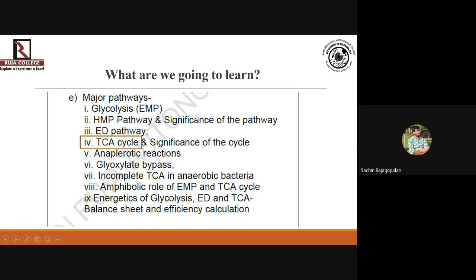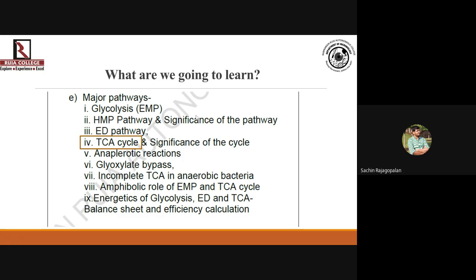So, the TCA cycle is a very, very crucial process because a lot of NADH and FADH2 molecules generated from TCA are responsible for getting reoxidized in the ETC and generating ATP molecules.